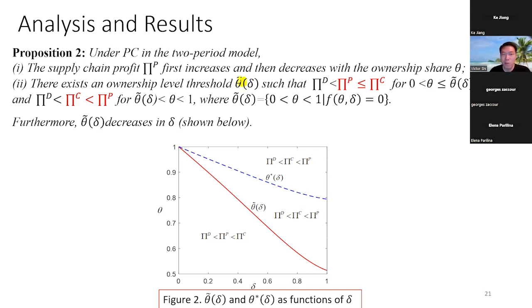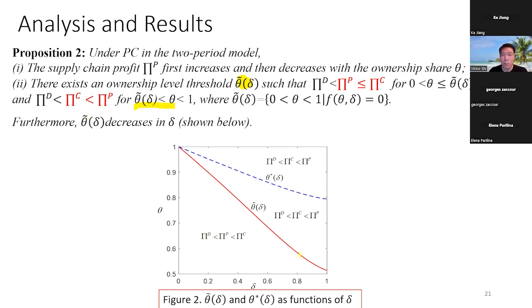If the ownership share is less than this threshold, then complete centralization is better than partial centralization. If the ownership share is more than this threshold, then partial centralization is better than complete centralization. So as long as the ownership share is large enough, partial ownership is going to be better than complete centralization.